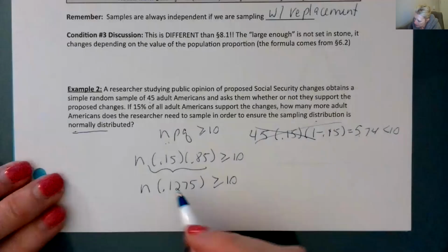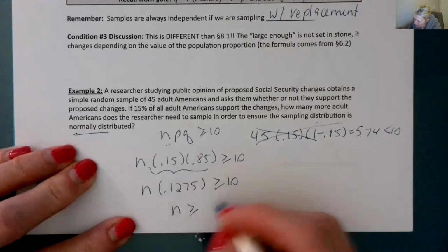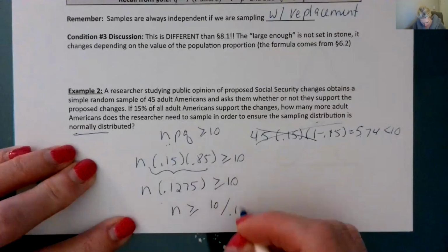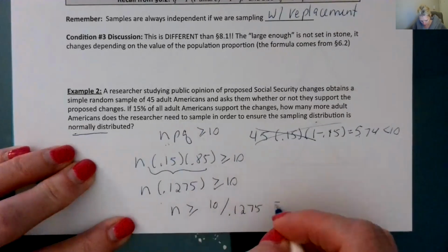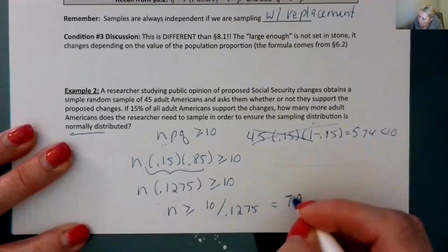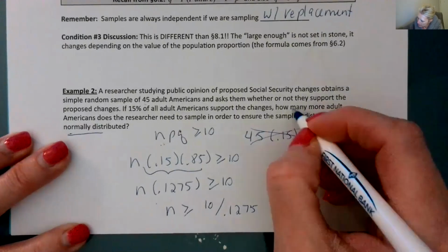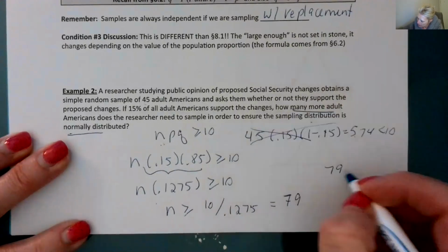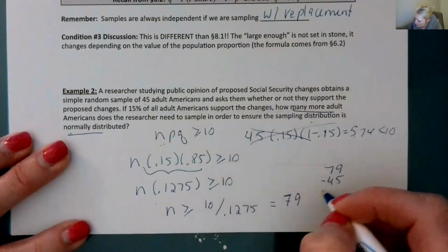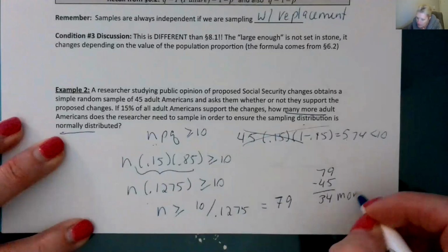So n has to be greater than or equal to 10 divided by 0.1275, which comes out to be about 79. So it says how many more adults. So that means we have to say 79 minus 45. So 34 more adults to sample.